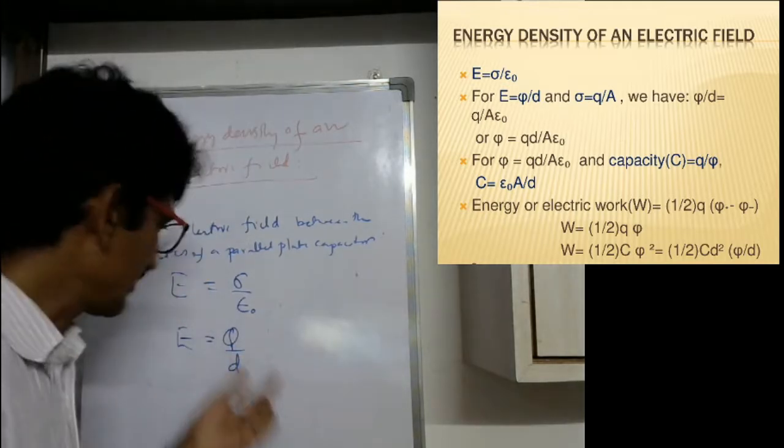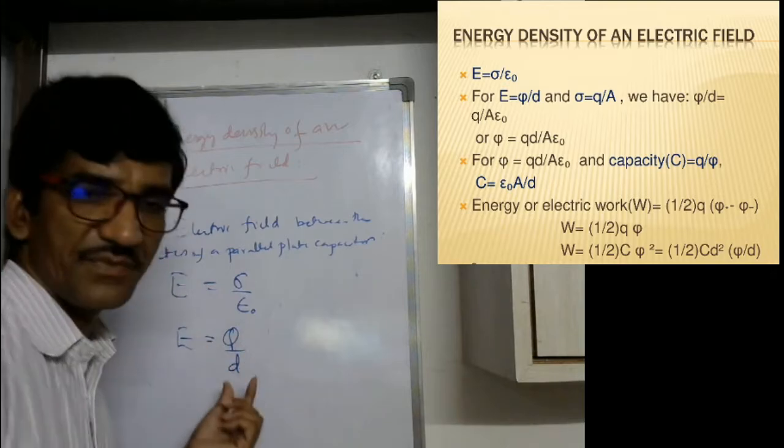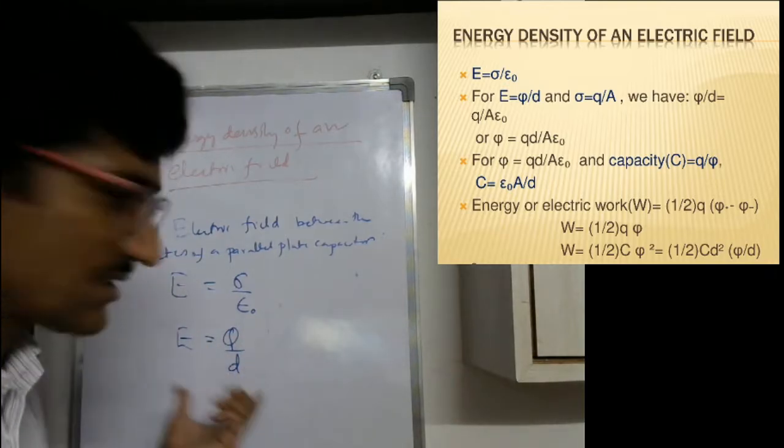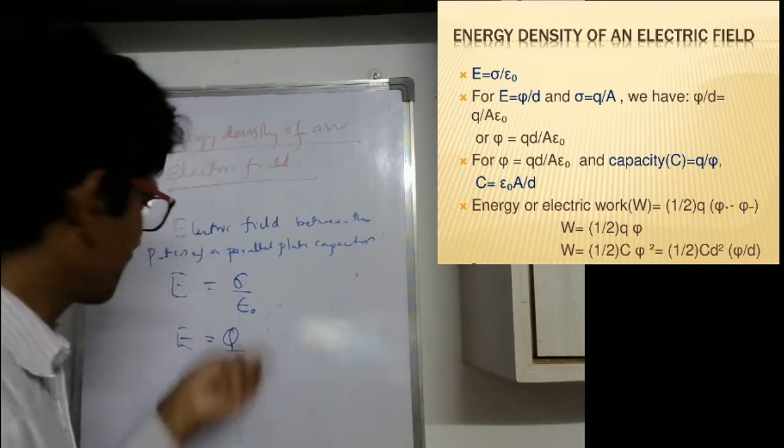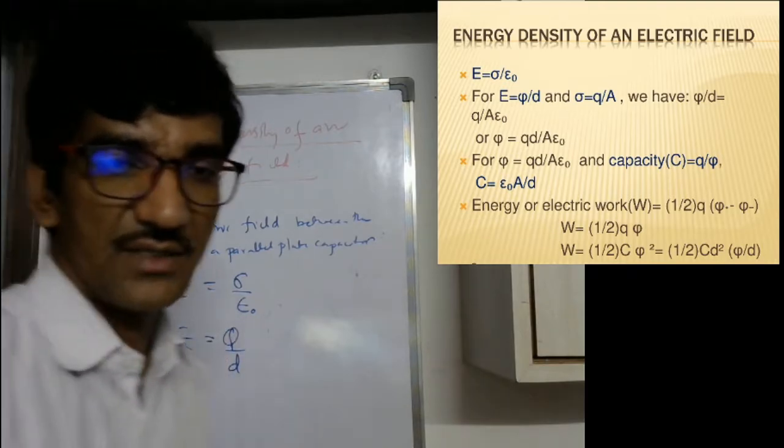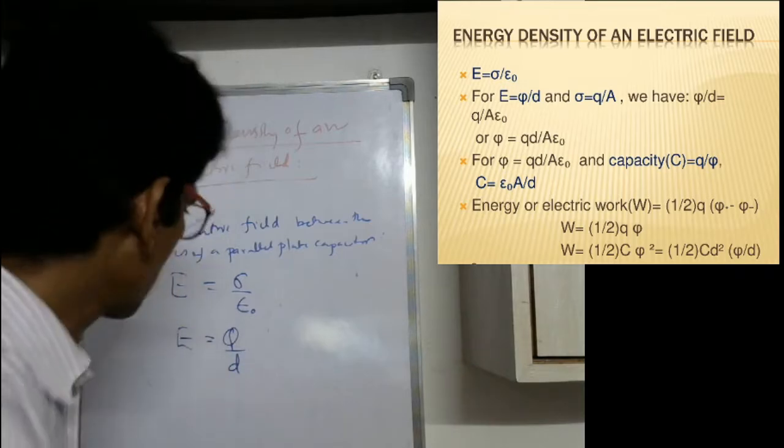Phi is the potential. This is the relation between field and potential, which we derived in the previous class.